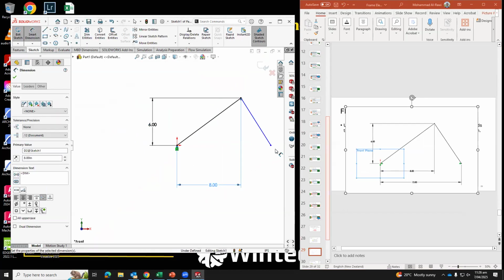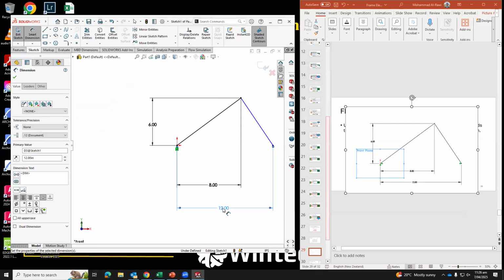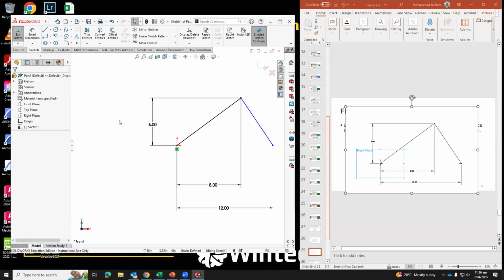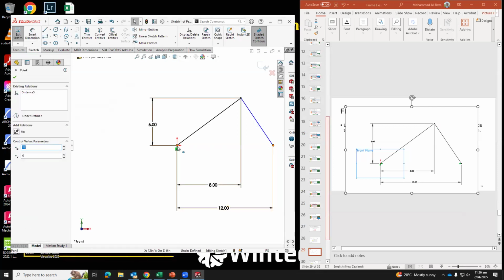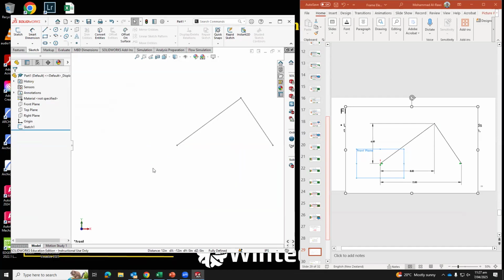Then from that point, 12 inch. Now this point and this point should be on the same horizontal. When you see that green horizontal line, it means they are on the same line. Okay. Exit sketch. So very simple.